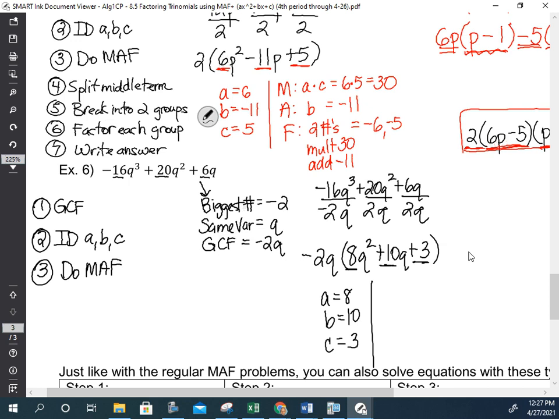M is take the A and the C, multiply it together. What's 8 times 3? 24. A is just your B value, 10. So we need two numbers that multiply to 24 and add to 10. 6 and 4.